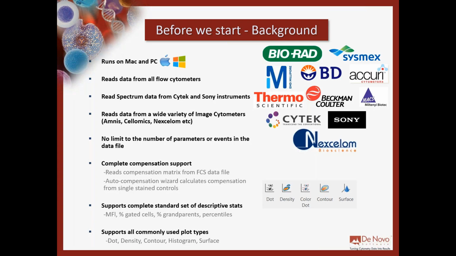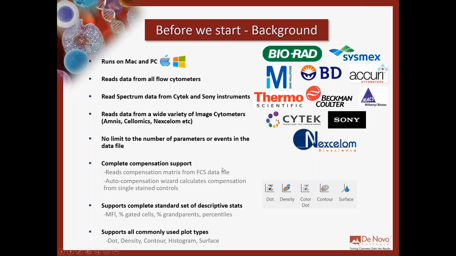Then a very good point of FCS Express is that it doesn't bring any intrinsic limitation in terms of number of files that you want to analyze in your layout, neither in terms of number of parameters or number of events that you can store in your FCS file.